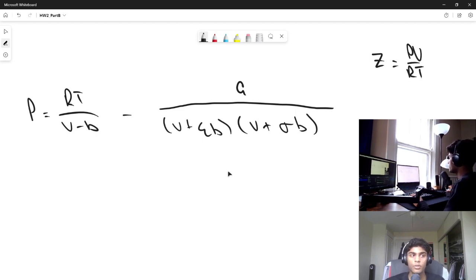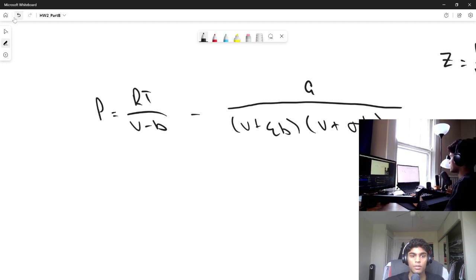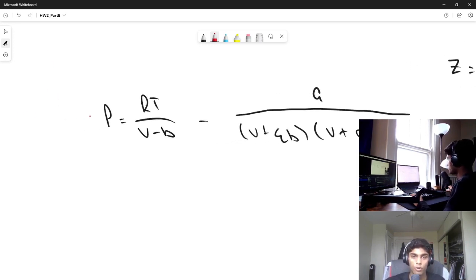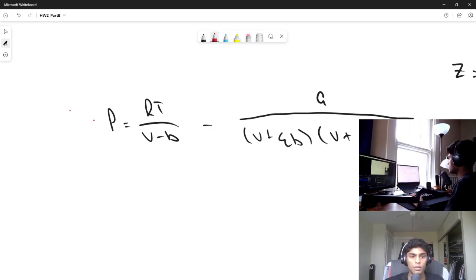So in order to get this left side of the function equal to PV over RT, or Z, we're just going to multiply both sides by V over RT. So let's do that really quick.